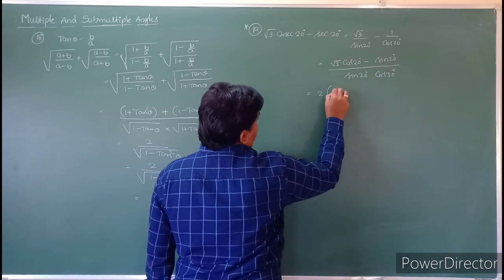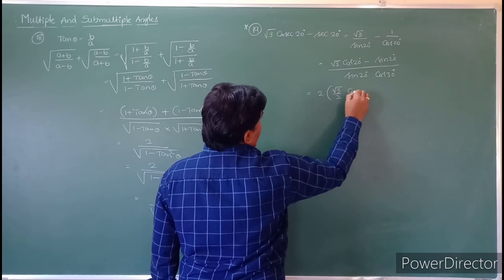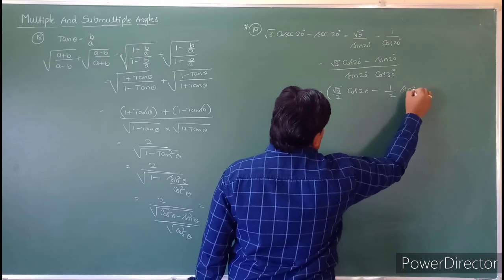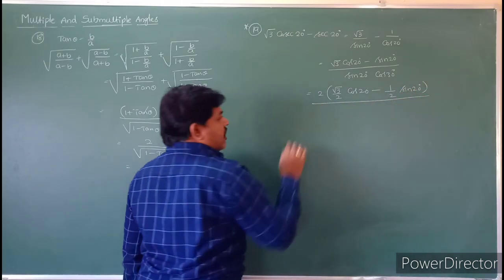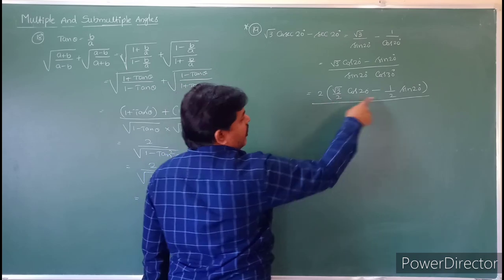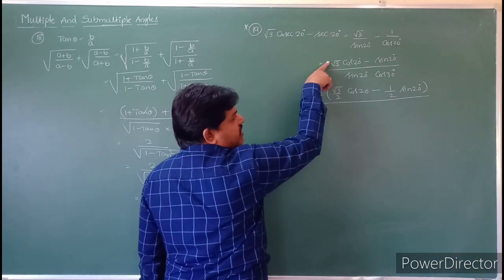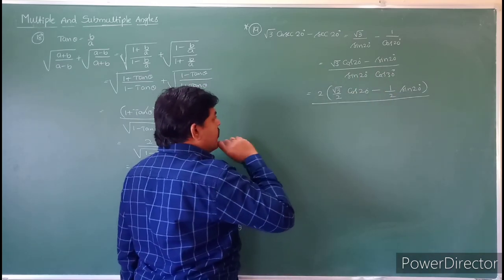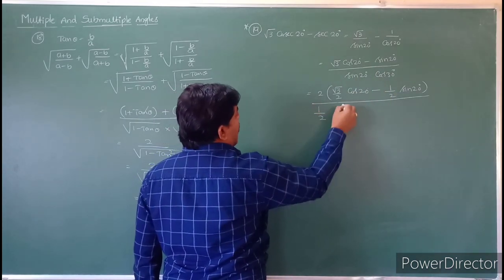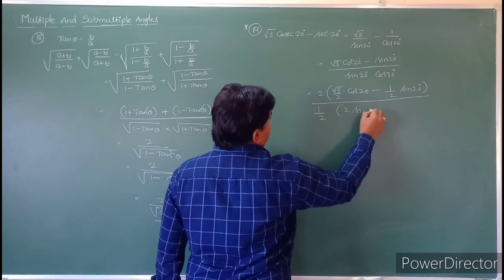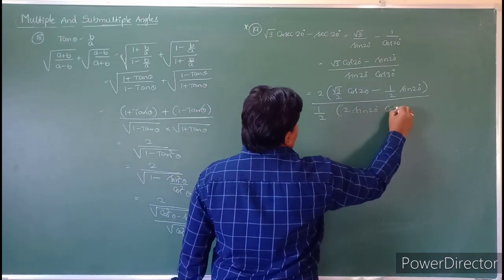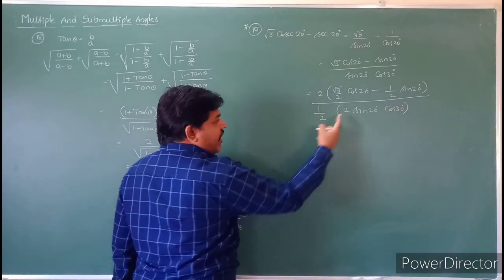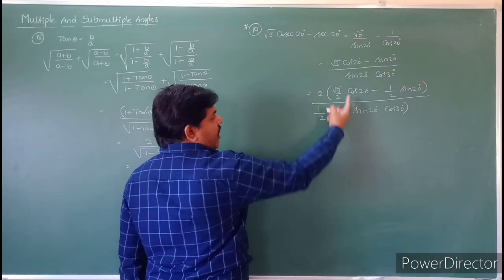So that is divided with 2, root 3 by 2 into cos 20 minus 1 by 2 into sin 20. Take the LCM and you can cancel, you will get the same term. In the denominator, I will divide and multiply with 2. So here multiplied and divided, here divided and multiplied. Okay, nothing will happen. 2 will be cancelled, you will get the same term.